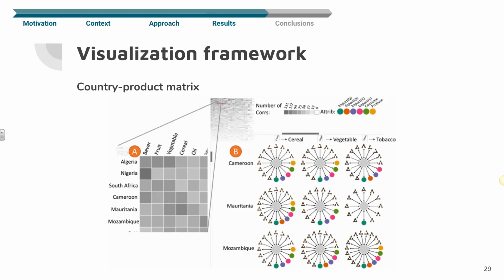The darkness of the gray indicates the number of correlations between that country's products, like export and import activities, and their political stability over time. So you can choose to look at a set of countries and commodities, and then it'll open up a more detailed view where you can look specifically at what activities are correlated with political instability.